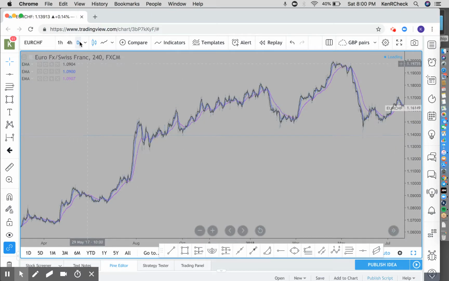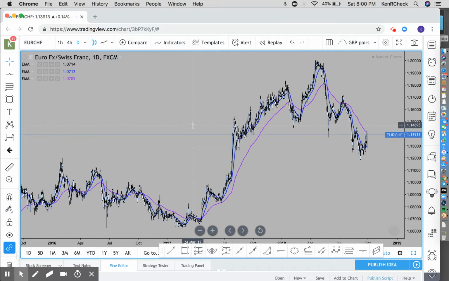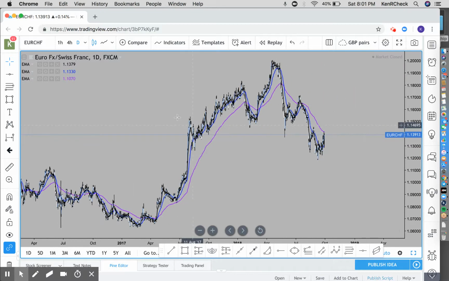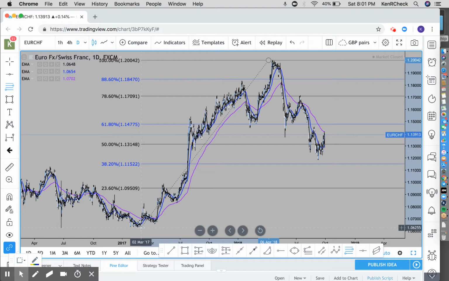So perfect. We're going to go on a daily time frame. All right, awesome. So see this previous high? We're going to bring this all the way down to where the market took off.